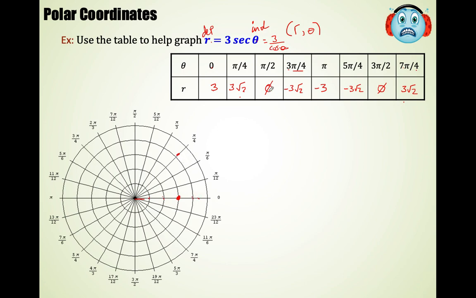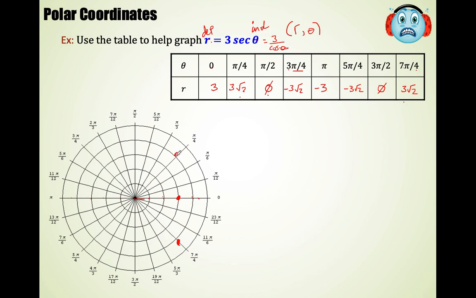One, 2, 3, 4, right? Then I don't graph anything at pi over 2, I have no radius. But now I go to a negative radius, -3, 1, 2, 3, times root 2, so it's actually 4 and a little bit. And I rotate in the counterclockwise direction, 3 pi over 4, which is going to land me here.